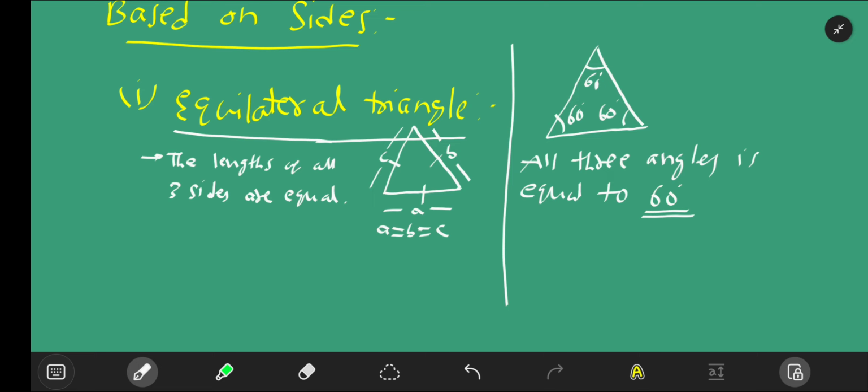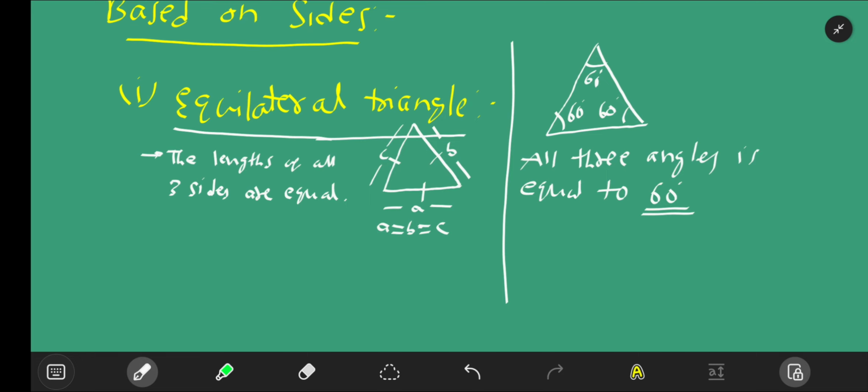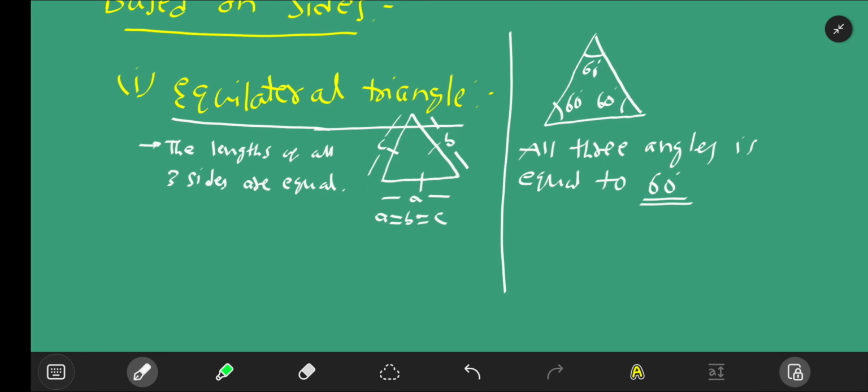And in equilateral triangle, only acute angle triangle will form.